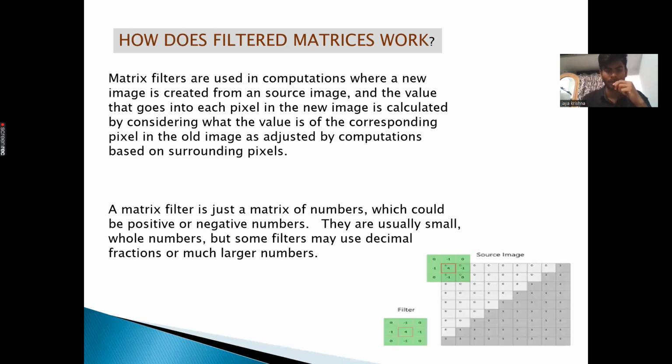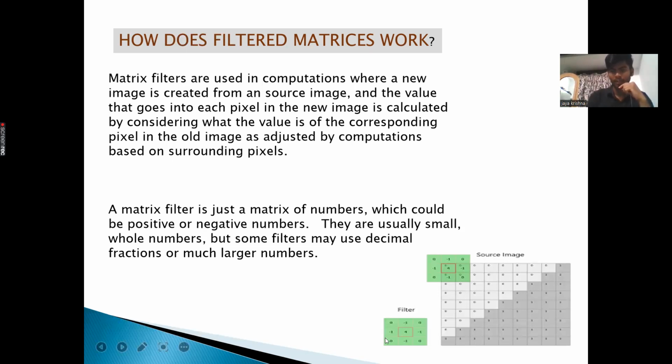They are usually small whole numbers, but some filters use decimals, fractions, or much larger numbers.